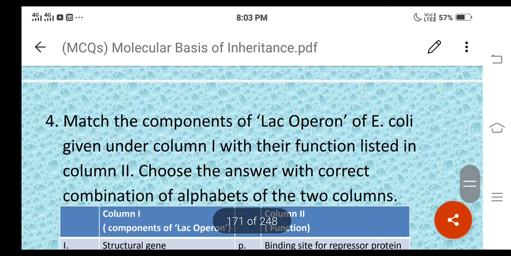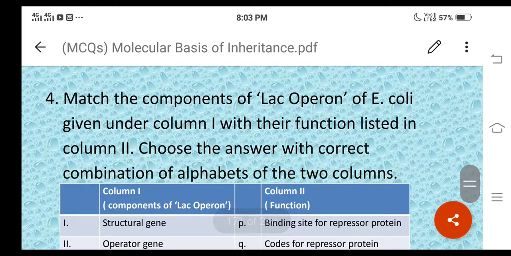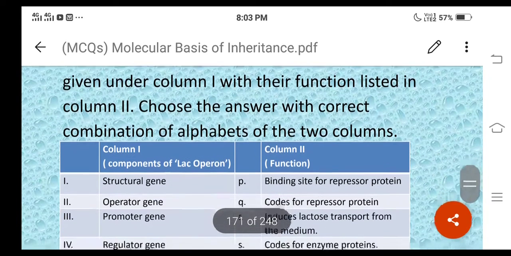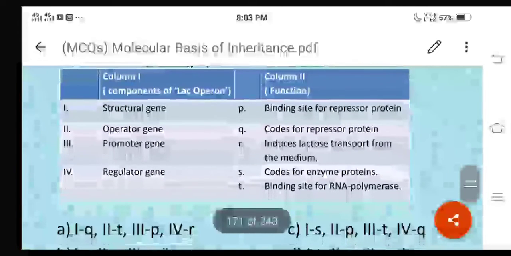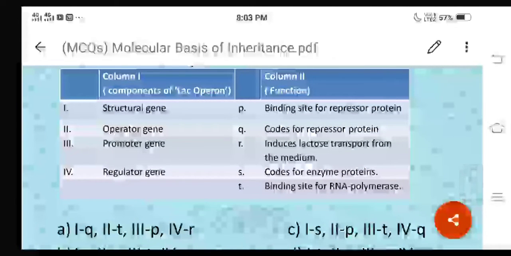Let us move on to the next question. It is a matching type of question. Match the components of lac operon of E. coli given under column 1 with their function listed in column 2. Choose the answer with the correct combination of alphabets of the two columns. In column 1, components of lac operon, and in column 2, their function.